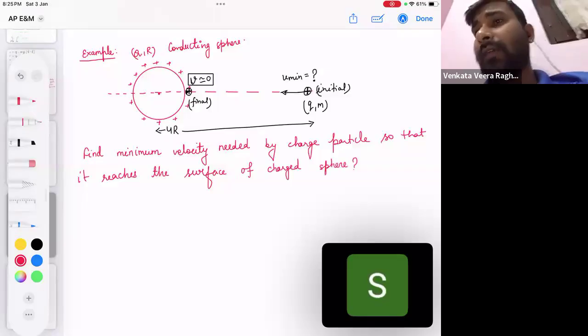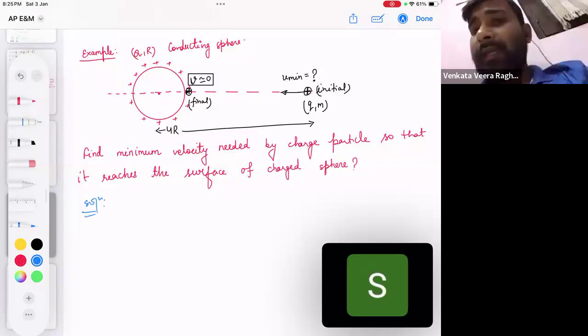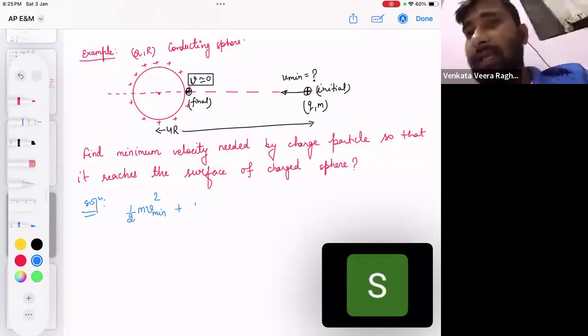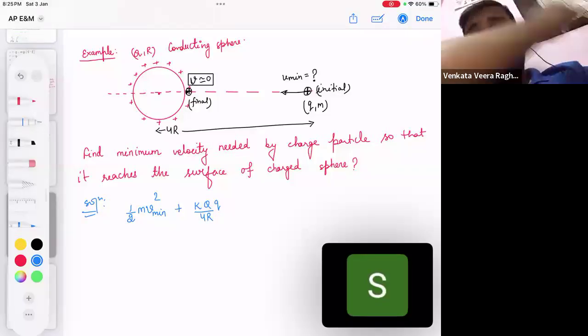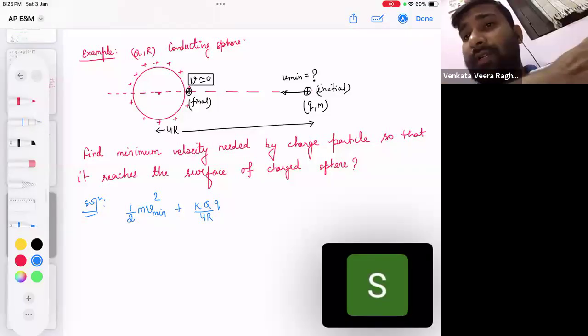The charged sphere. So again, I am going to apply the energy conservation in this question. Okay, what will I write? Initially, I need to give some velocity, so that is what I have to calculate. So half m v minimum square, plus initial potential energy, kQ by 4r into the charge, because now it's a positively charged particle. So the potential is kQ by 4r multiplied by charge.